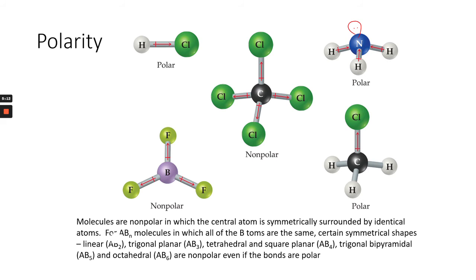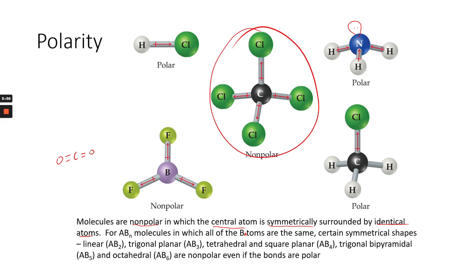I read this in the book and I thought it was pretty important, so I put it over here. Molecules are nonpolar when the center atom is symmetrically surrounded by identical atoms. For the general formula AB_n, in which all the B atoms are the same, certain symmetrical shapes will be nonpolar. A linear one, that was carbon dioxide, right? That was nonpolar.